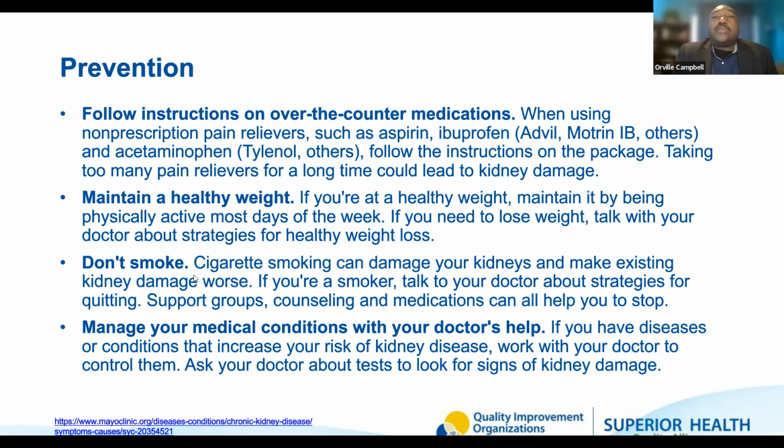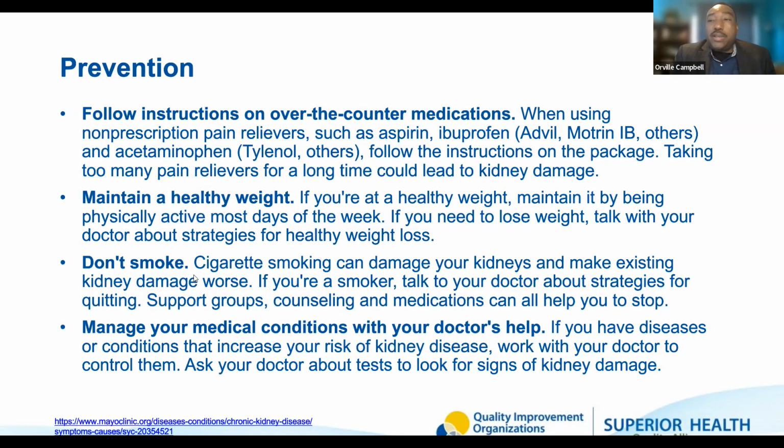However, there are some drugs that if you have CKD, you really don't need to use, such as NSAIDs, unless it's absolutely urgent or necessary. Maintaining a healthy weight: the more over the ideal weight you are, the more your kidneys work. So that could cause a loss or decline in kidney function over a period of time.